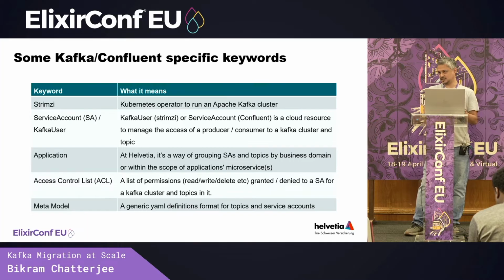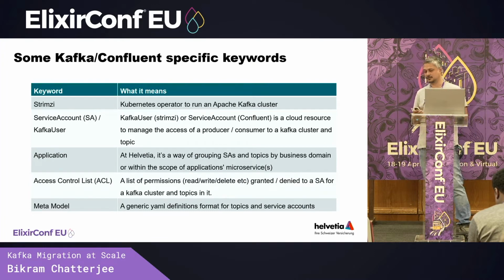Hence, we cannot just use the definition that we had for Strimzi, so we needed to come up with a format that we could generically define a resource, whether it is a service account or topic, and we call them meta models. The goal was that we can take this meta model and transform it to provision both Strimzi and Confluent Cloud at the same time to support the migration. I will show you some examples later on of how that looked.